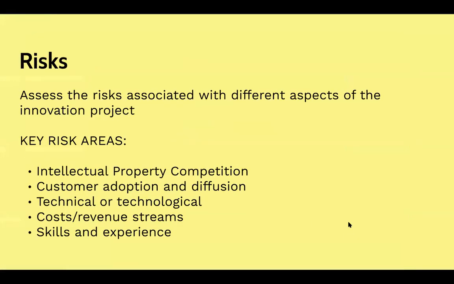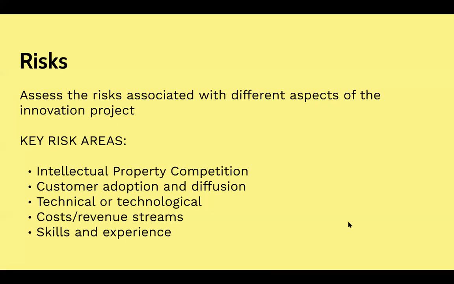And so having a risk register is also very, very important to look at different aspects of the innovation project and where you might have challenges along the way, and then clearly showing how challenging you rate those, and also how you're going to address those when you come across them.